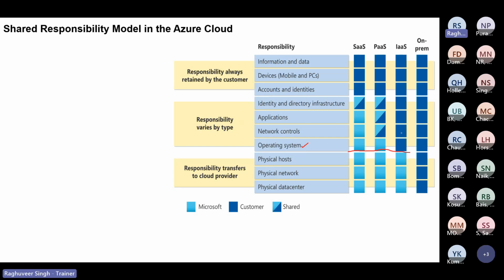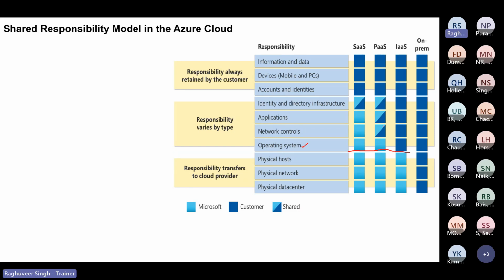It is your responsibility if you want to configure network security group rules to filter the incoming and outgoing traffic from and to your virtual network. So since it is in your control as a customer, the network control is the customer's responsibility in IaaS.